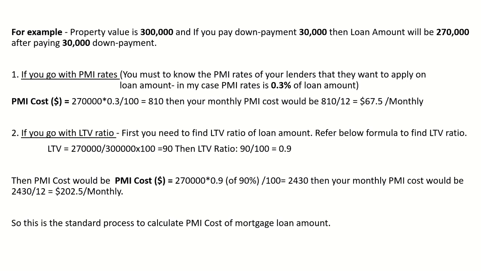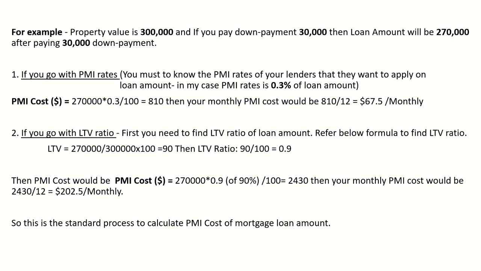LTV is equal to loan amount divided by property value, times 100. In my case, 90 is the LTV. To get the LTV ratio, just divide by 100. So 0.9 is the LTV ratio. So just put 0.9 in the formula.